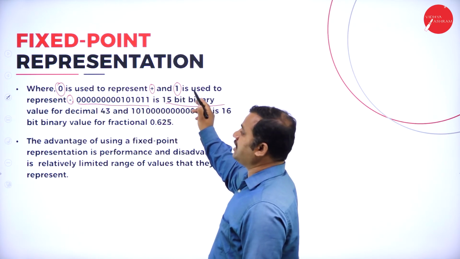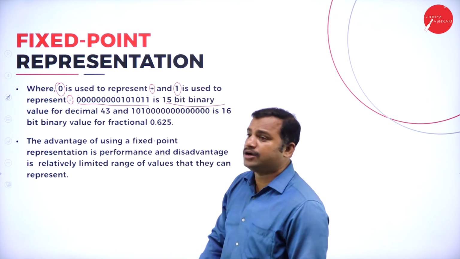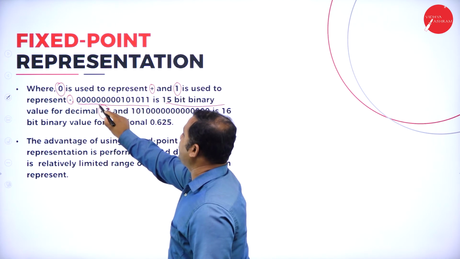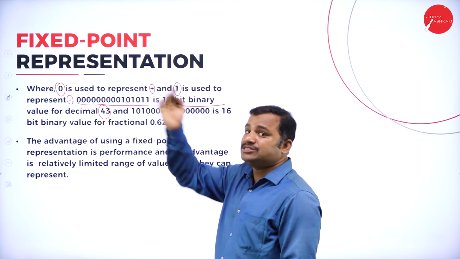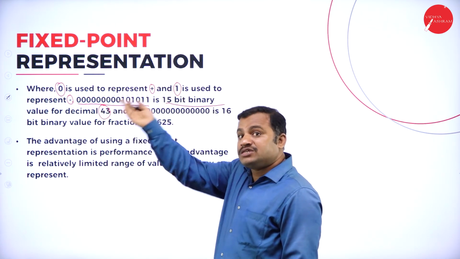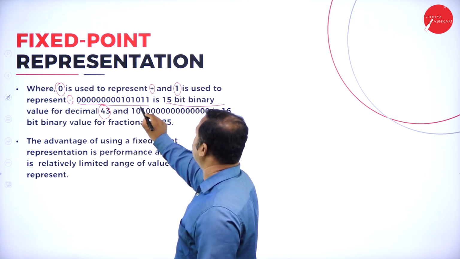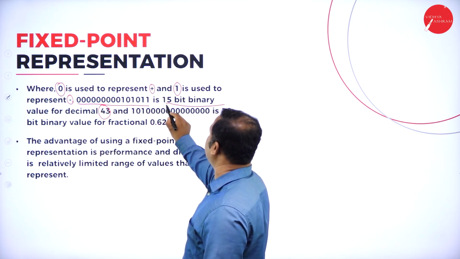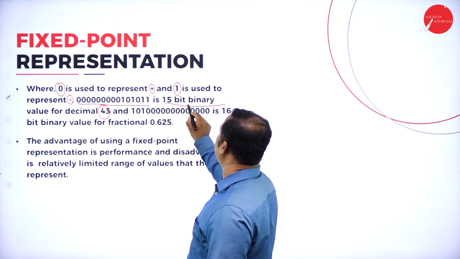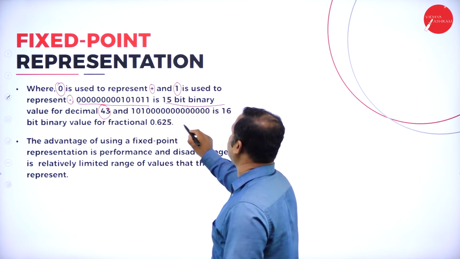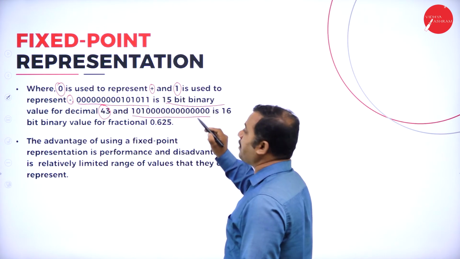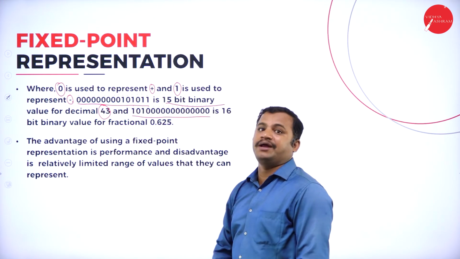These 15 bits can be used to represent the integer part of the number, that is the number 43. If I want to represent the fractional part, I have 16 bits to represent that, that is 1, 2, 3, up to 16. So in total we have 16 bits to represent the fractional part of a number.